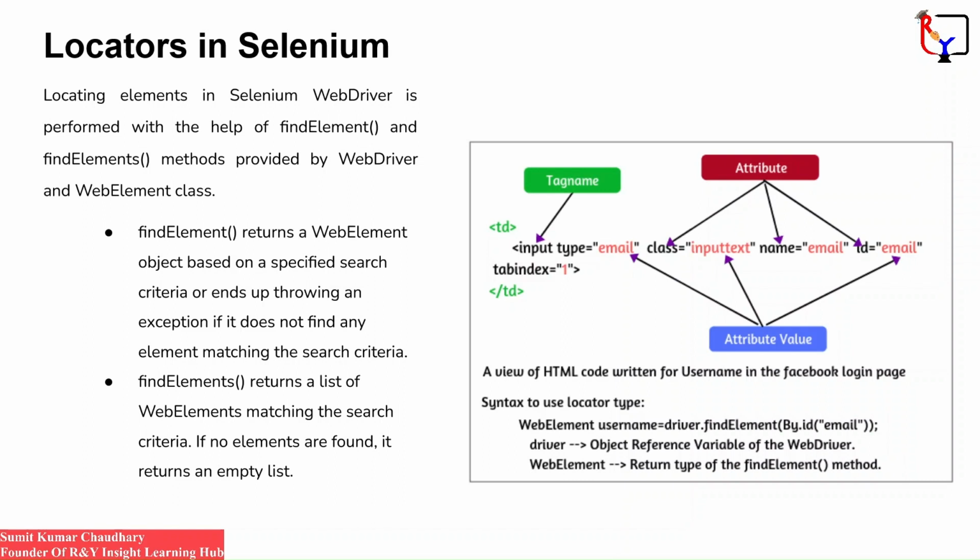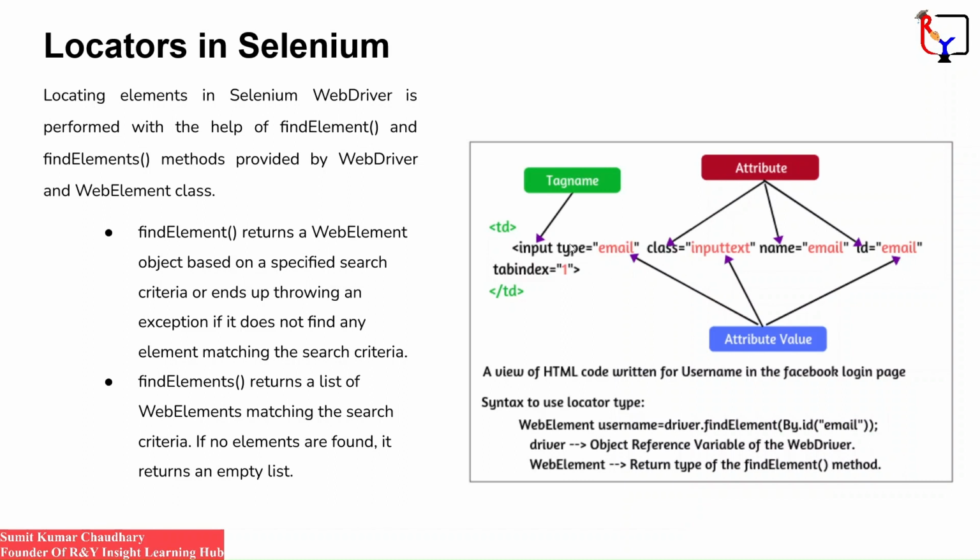So how can we identify the element? Here you can see the image. This is the tag name. In the DOM page, the first thing is a tag name. Any kind of div, li, ul, different kinds of tag names in a web page. And this is the attribute, and this is our attribute value.